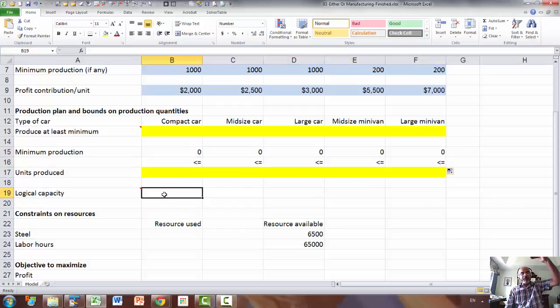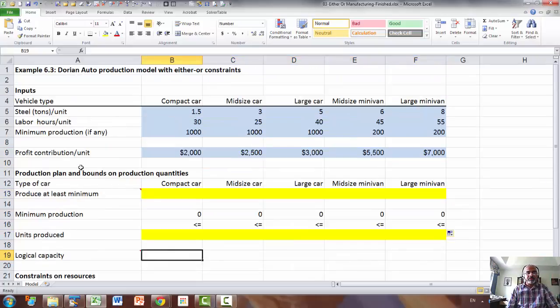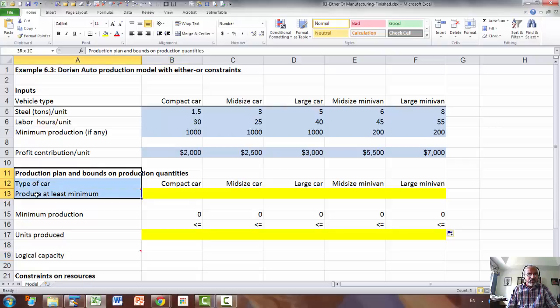For logical higher level capacity, then remember what we did in the previous problem. So let's add 4 more rows.